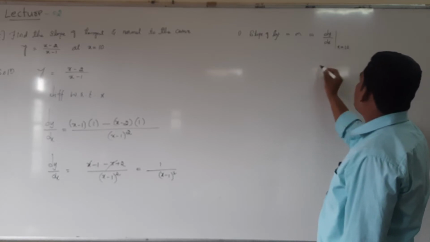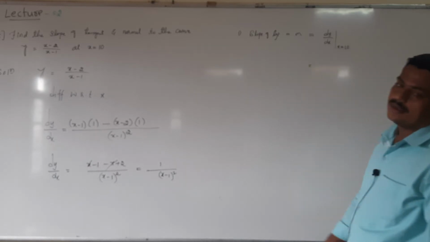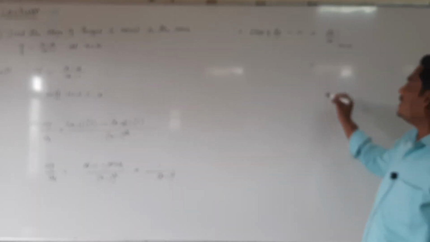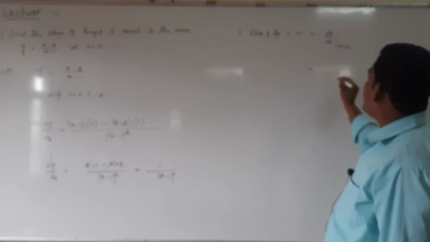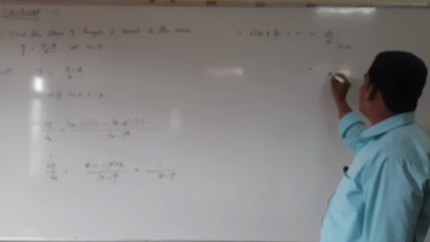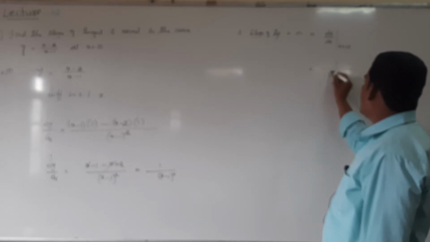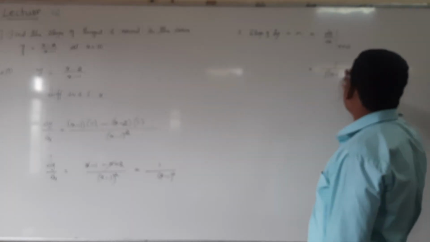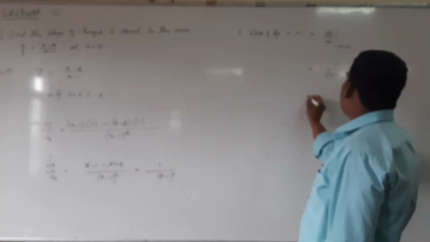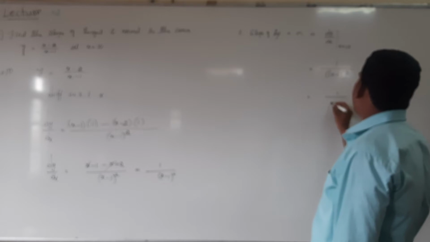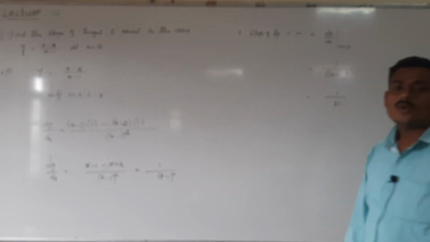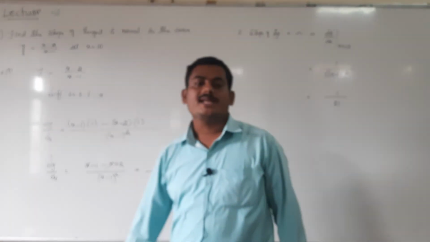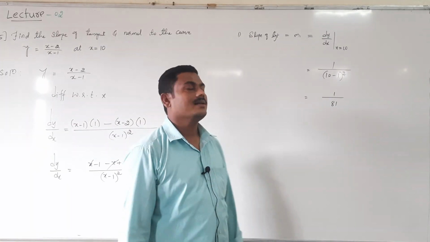So at x equal to 10, the slope of the tangent line is, replacing the x value in the differentiation, 1 divided by 10 minus 1 whole square, then it will be 1 divided by 9 square, that is 81 only. 1 divided by 81 is the slope of the tangent line.